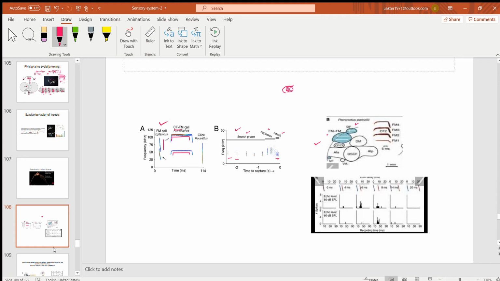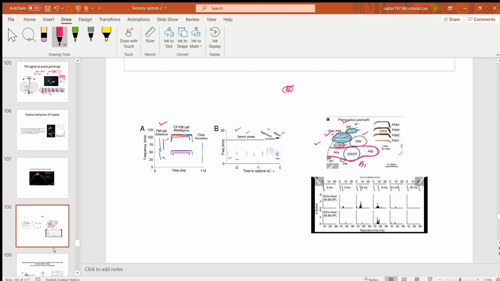Okay, so here you see DF area, FM area, CF area. And this is the primary auditory cortex. It's comparable to humans and other creatures. We don't have all these extra areas, but we have one primary auditory cortex.